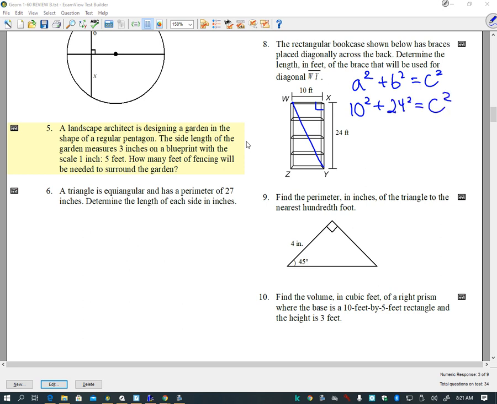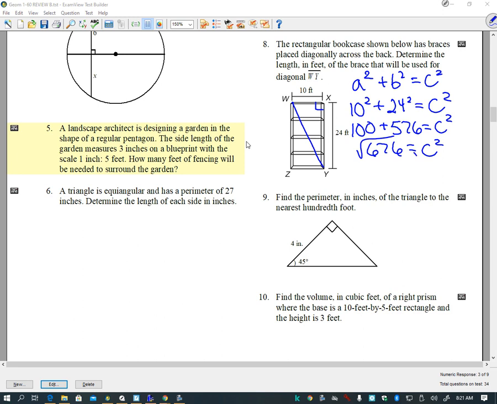10 squared is what, Cassie? 100. 24 squared is what, Allison? 576. 100 plus 576 is what, Jordan? 676. What do I do to solve, Bella? Square root it.